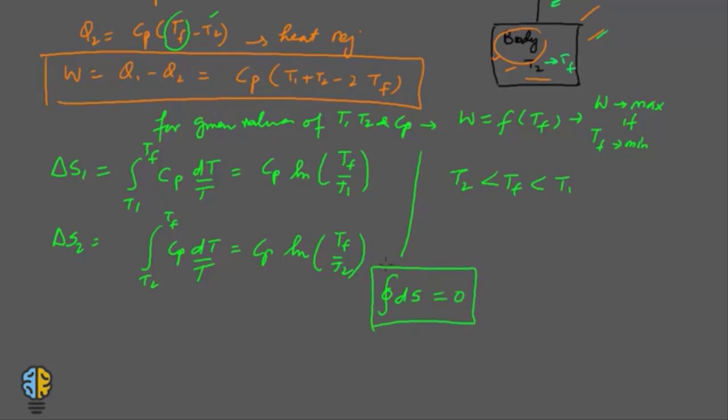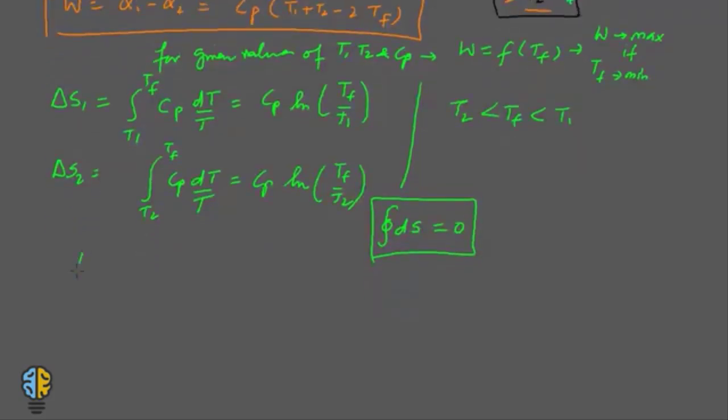Okay, and if you apply the entropy principle on this, you can say that delta S universe is greater than or equal to 0, and this is simply delta S1 plus delta S2, which is greater than or equal to 0.